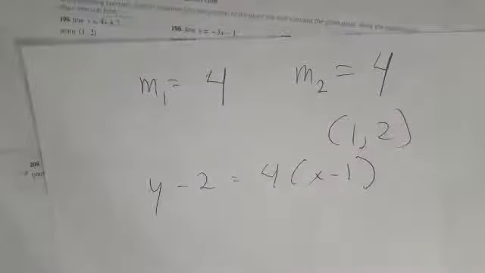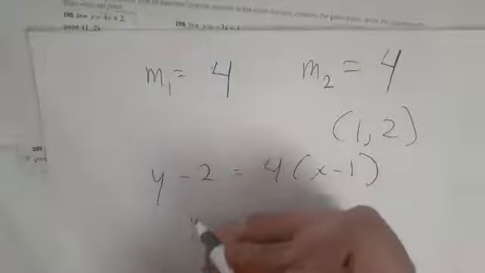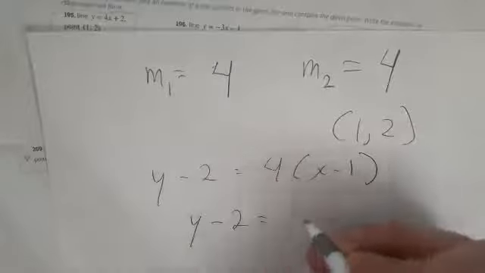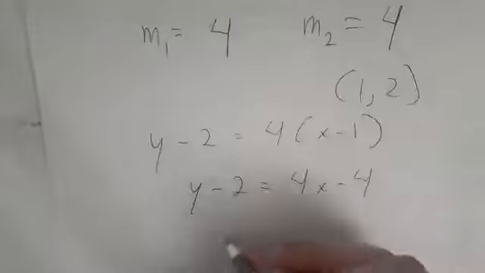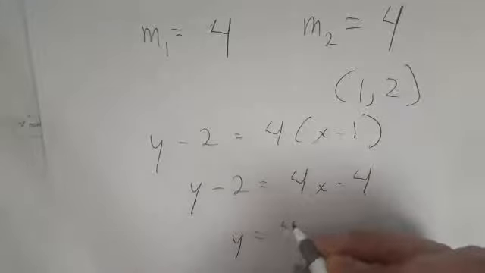I went into point slope form. I'm going to do some distribution and I'm going to do some adding. So let's do that right quick. 4x minus 4. Add 2 to both sides.